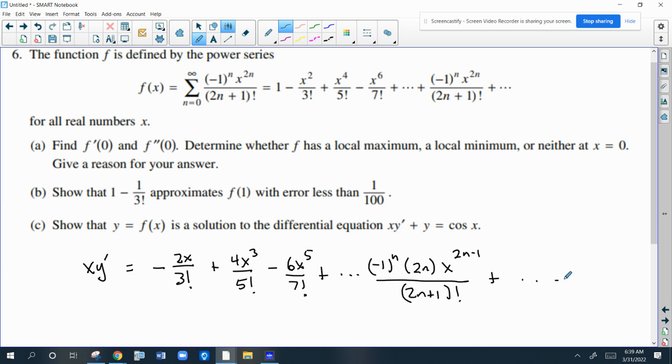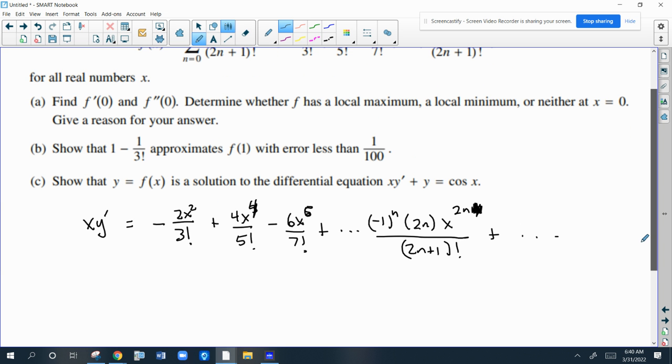So that's y prime. I need to figure out what x y prime is. So all I'm doing is multiplying by x. So let's multiply every term by x. This is starting to become a mess. 2n minus 1 plus 1 would just be 2n. But that's x y prime. Now I have to add it to y.